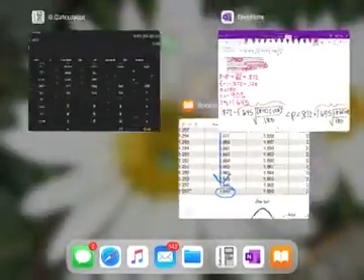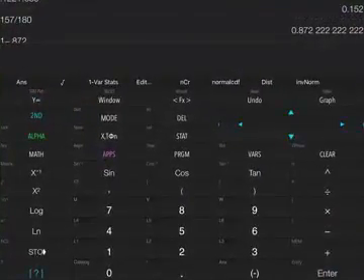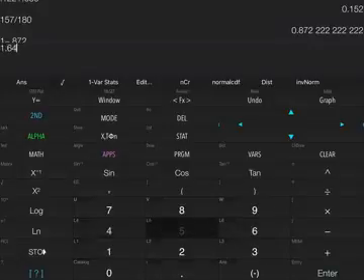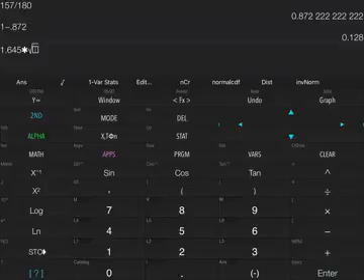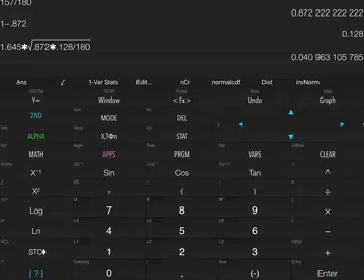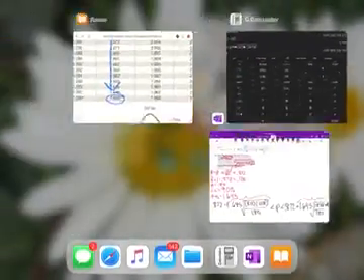Let's go plug that in our calculator. We have 1.645 times the square root of 0.872 times 0.128 divided by 180, which gives us 0.041.